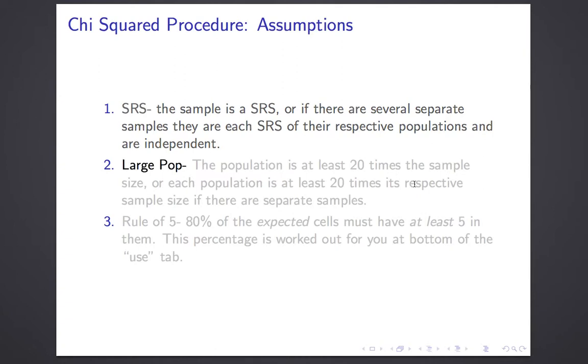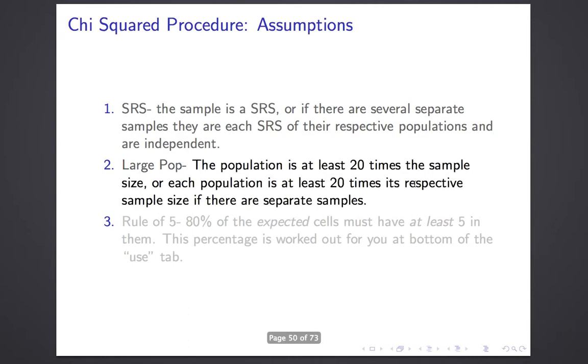The large population assumption, again, not surprising. If it's one sample taken from one homogeneous population, the population has to be at least 20 times the sample size. If several separate samples were taken, each population has to be at least 20 times its respective sample size.